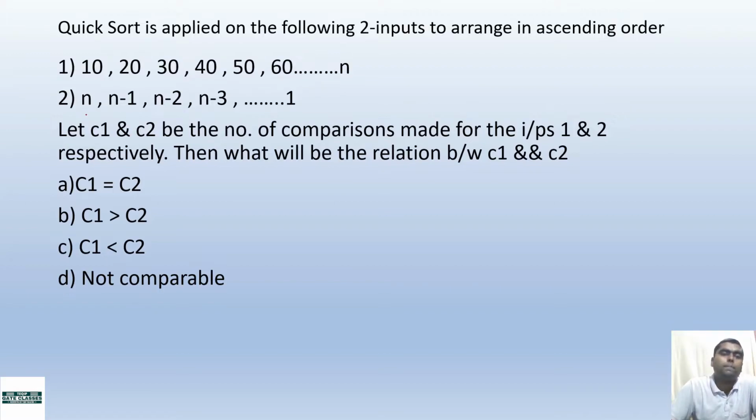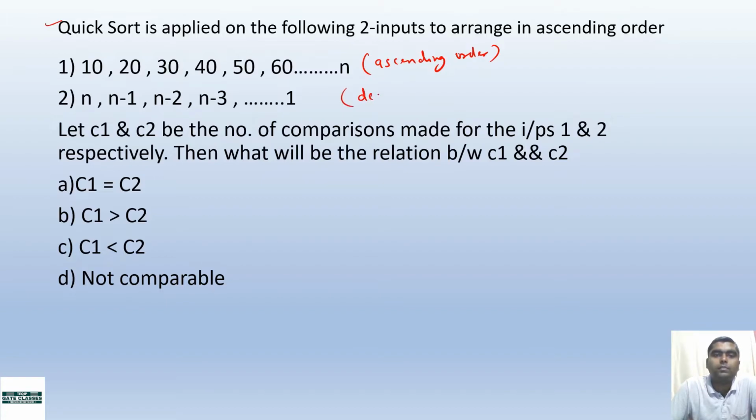Let me introduce one more thing. So this is a question. The question says that quicksort is applied on the following two inputs to arrange in ascending order. The first one is 10, 20, 30, 40, 50, 60 and up to n, some n numbers. If you observe carefully, all these numbers are in ascending order, and these other numbers are in descending order.